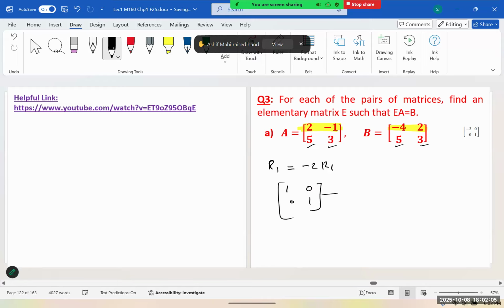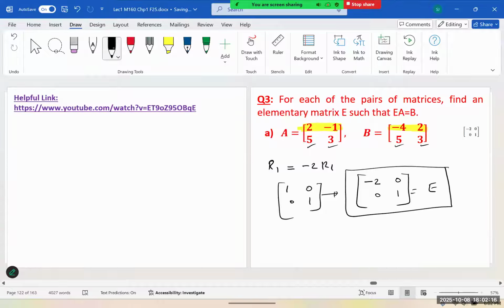And if you apply row 1 as negative 2 row 1, we get negative 2, 0, 0, 1. So this is the elementary matrix we are looking for, what they're asking us about. So if you multiply E and your A matrix, it will turn into your B matrix.